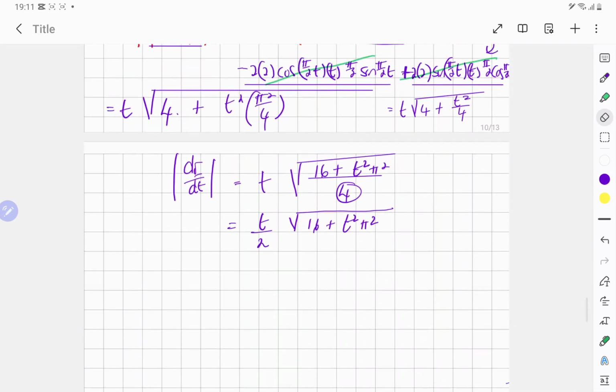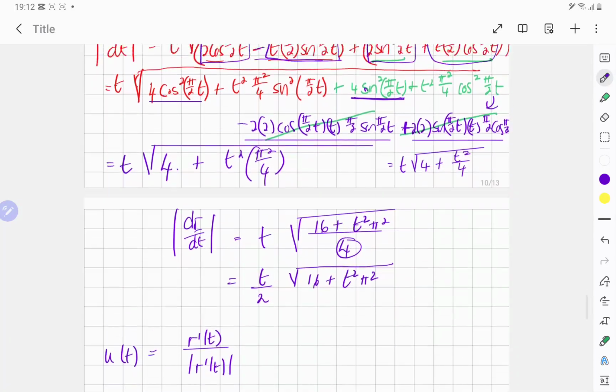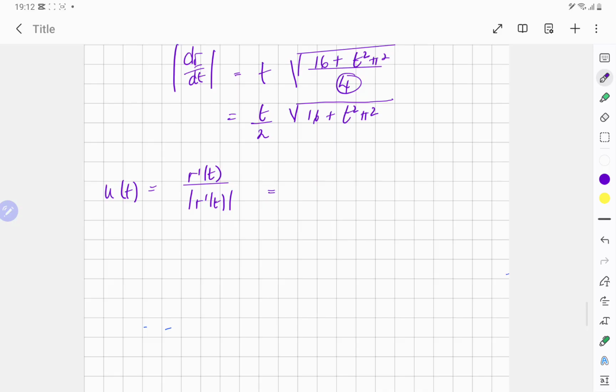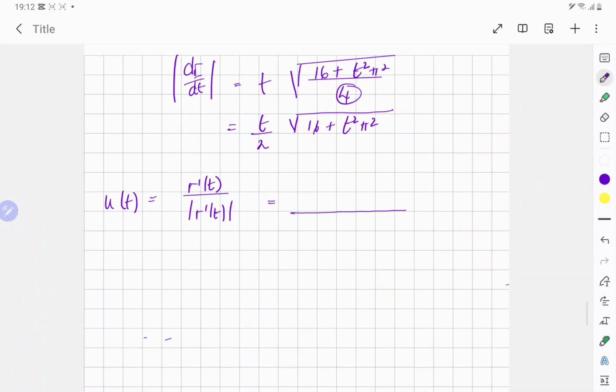So what do we end off with? We end off with the derivative divided by the magnitude of the derivative. What is this? It's your unit vector, your unit tangent vector. So what do I do now? This is my answer for the denominator: 2 over 2, 16 plus t squared pi squared.